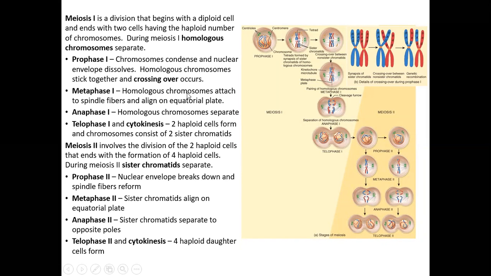Since we're talking about homologous chromosomes, you're going to know definitely talking about meiosis 1. If it says sister chromatids, we're talking about meiosis 2. If we're talking about 1 cell to 2, talking meiosis 1. If we're talking about 2 to 4, we're talking about meiosis 2. Okay. And if you can just keep your prophase, metaphase, anaphase, telophase stuff separate, which you should know from back when we talked about mitosis, it shouldn't hopefully be too difficult.